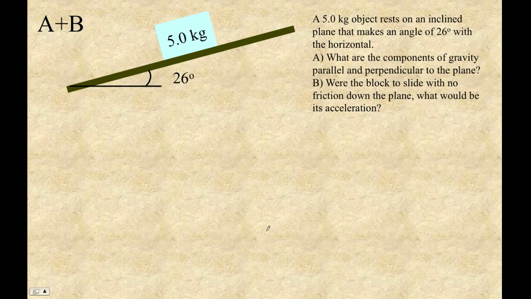So here's this 5 kilogram object resting on an inclined plane, and it makes an angle of 26 degrees with the horizontal. The first thing asked is, what are the components parallel and perpendicular? Well, parallel is going to be mg sine theta, so that's 5 times 9.81 times sine of 26.